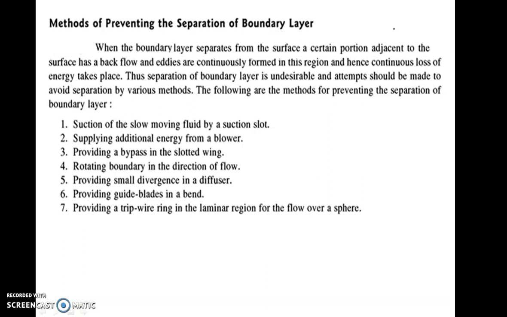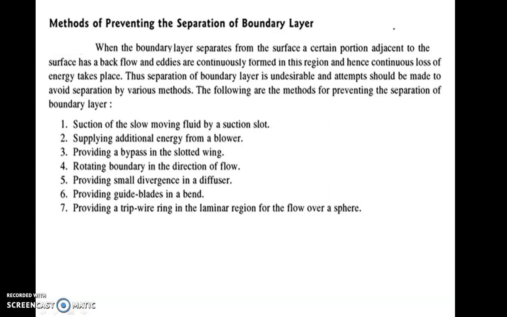This separation of the boundary layer is undesired, and hence attempts should be made to avoid it by various methods. These are some of the methods that you have to try such that the boundary layer remains attached to the solid body. So what are the possible ways?